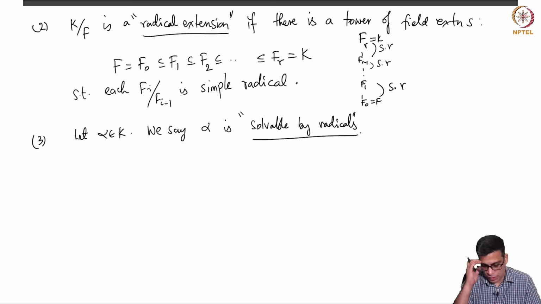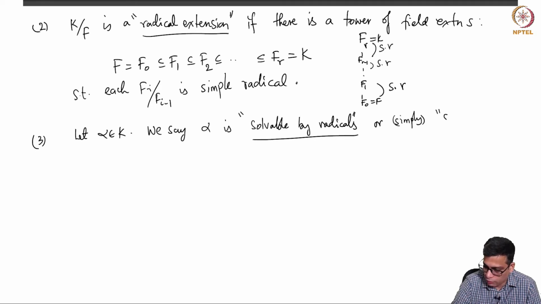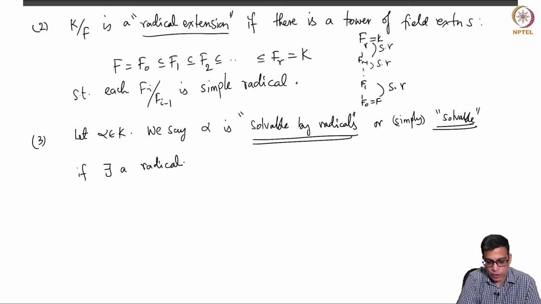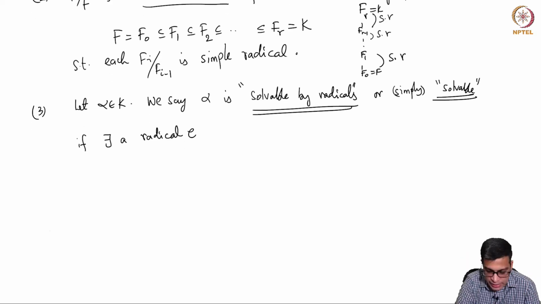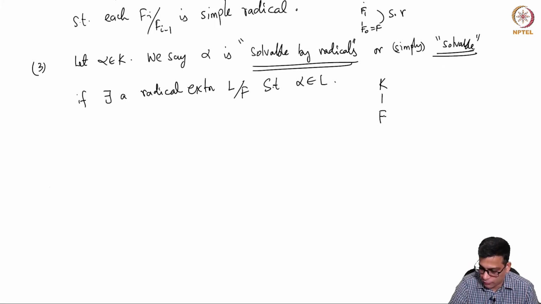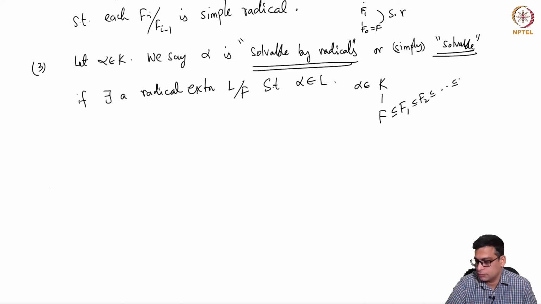Alpha in K is said to be solvable by radicals, or simply solvable, if there exists a radical extension, I am not saying K over F is a radical extension, I am only saying that there is a radical extension L over F such that alpha is in L. A priori you are given K over F, alpha is here, but then you can construct a tower like this containing alpha, and each step is simple radical.